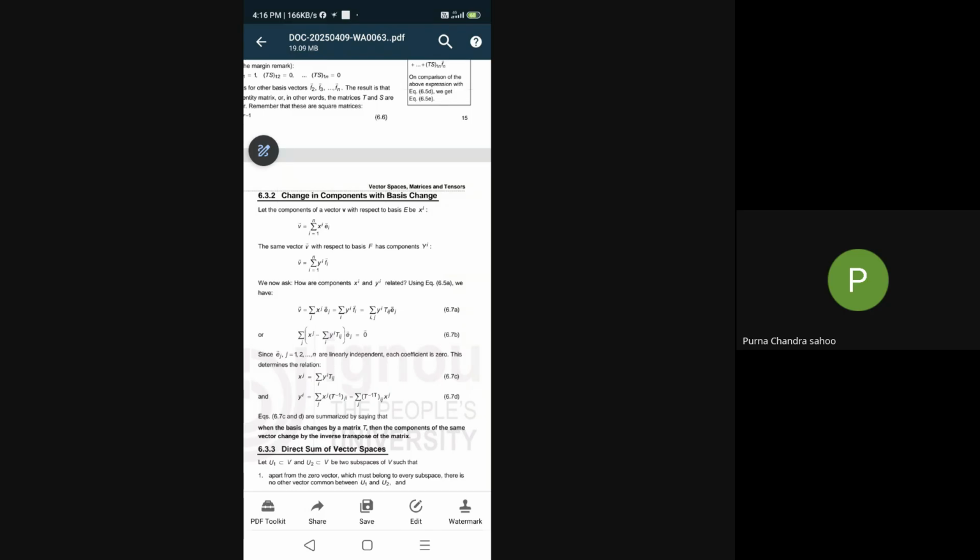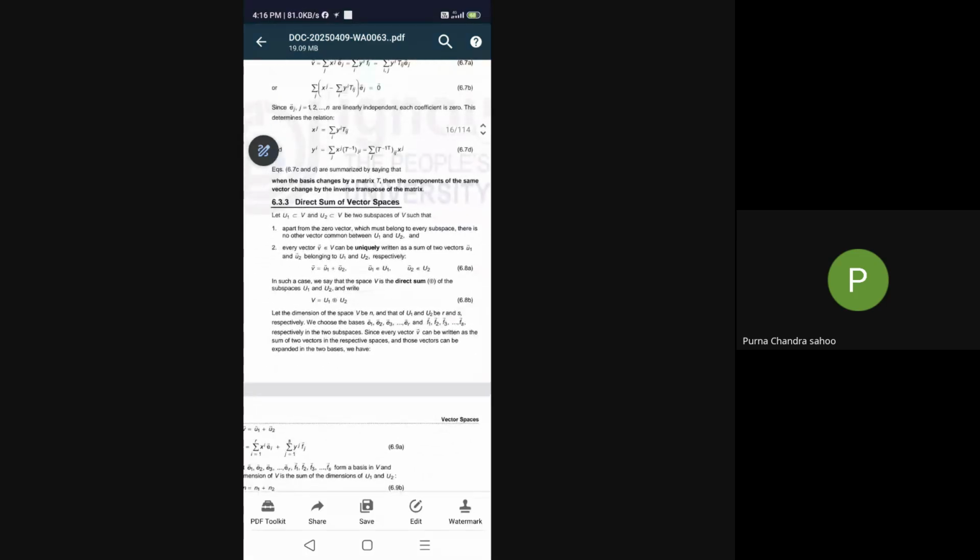Okay. Then direct sum of vector spaces. So let U1 be a subset of V and U2 be a subset of V, the two subspaces of V, such that apart from the 0 vector, which must belong to every subspace, there is no other vector common between U1 and U2. And every vector v belonging to V can be uniquely written as the sum of two vectors u1 and u2 belonging to U1 and U2 respectively.